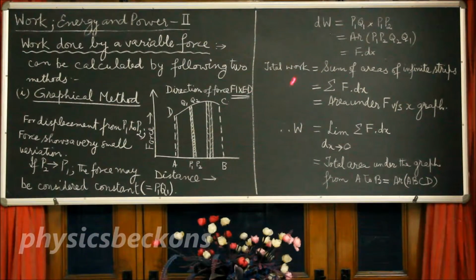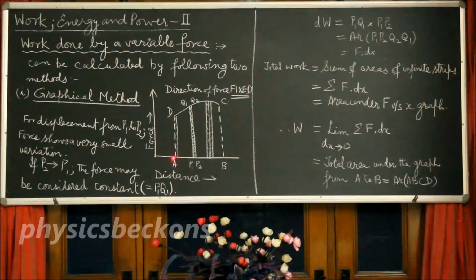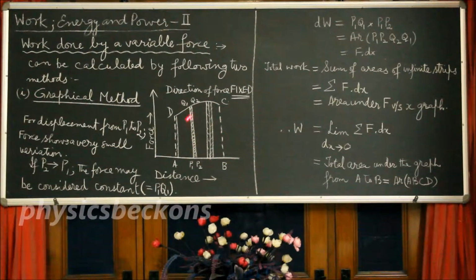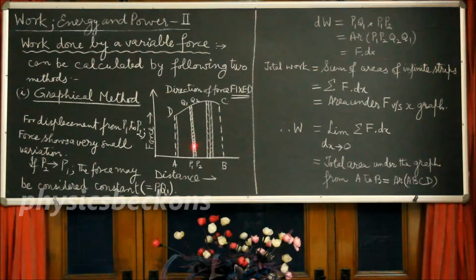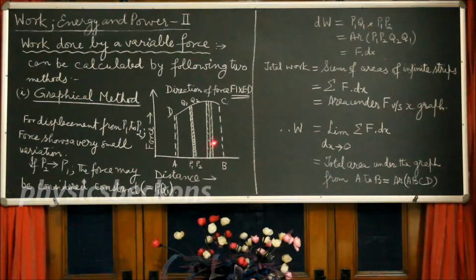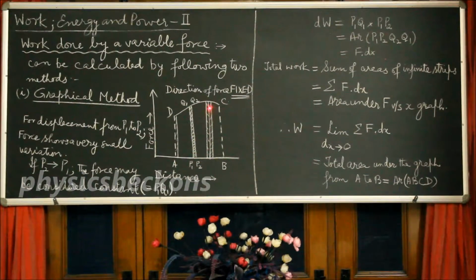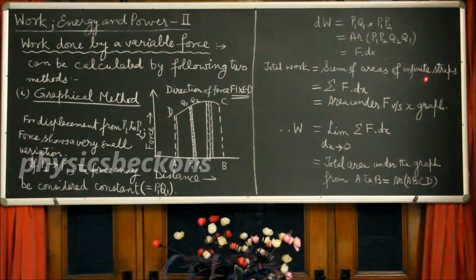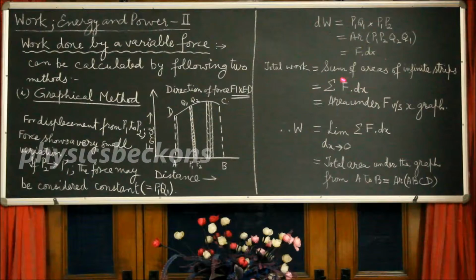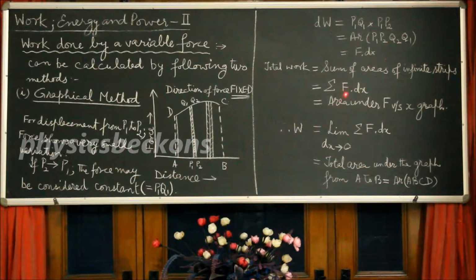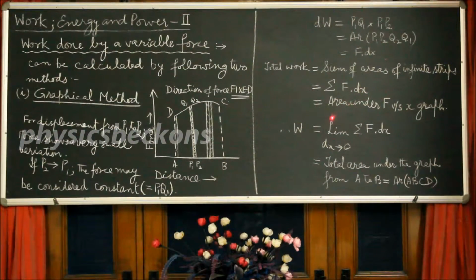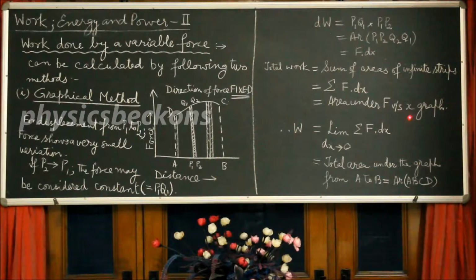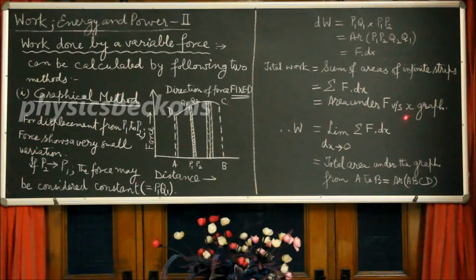If you want the total work done as the body is displaced from A to B, we can do it by dividing this region into a large number of strips and adding the areas of the strips. So the total work will be the sum of the areas of infinite strips, equal to sigma F dx, or given by the area under the F versus X, that is, force versus displacement graph.